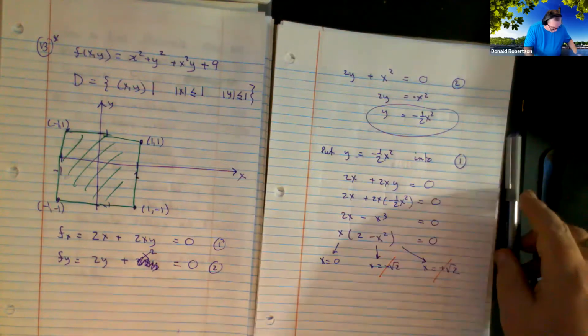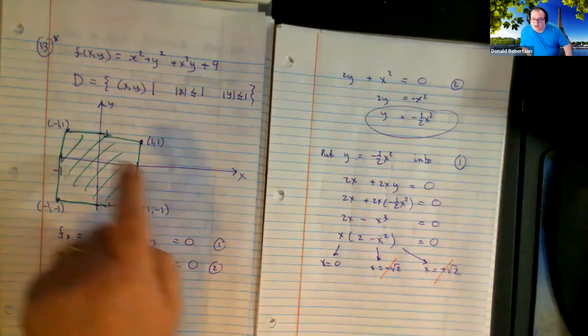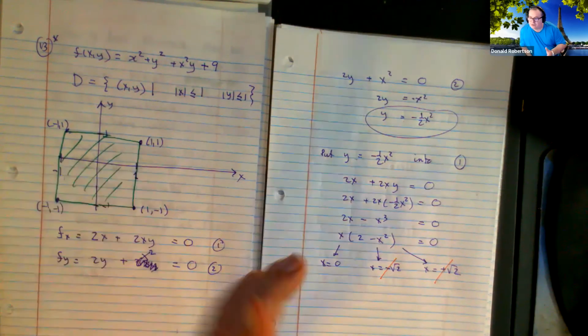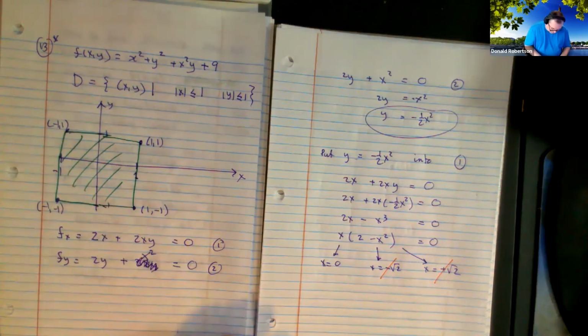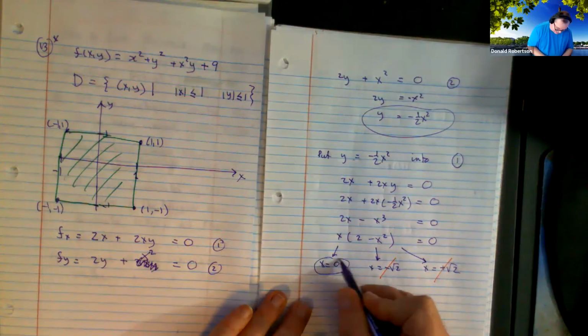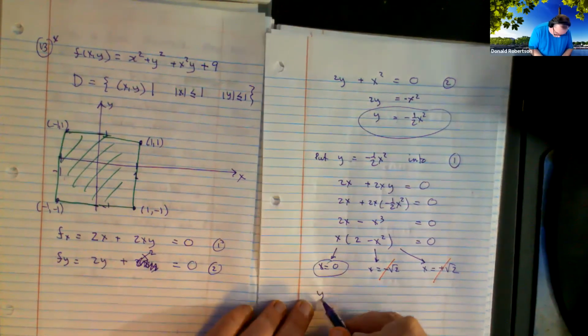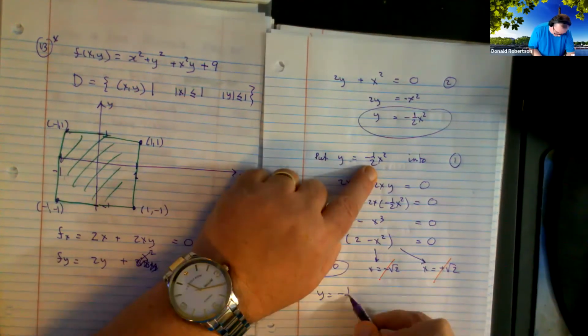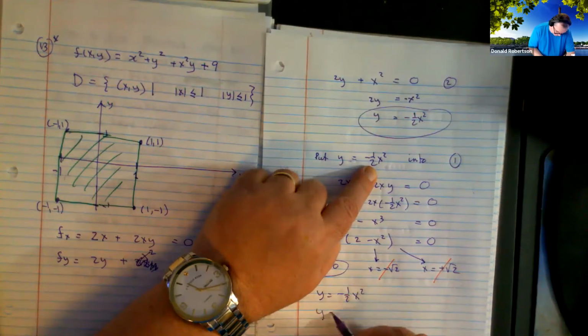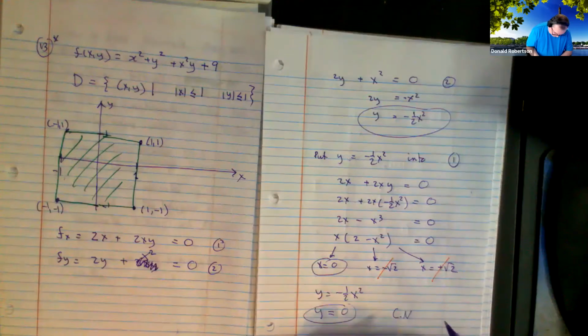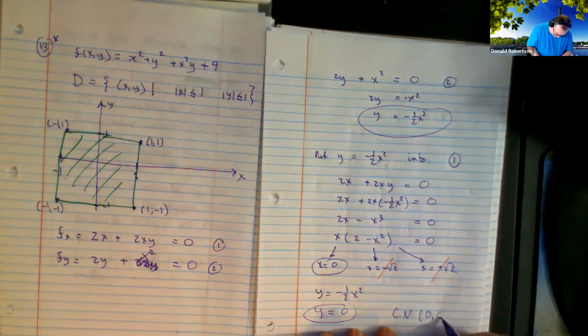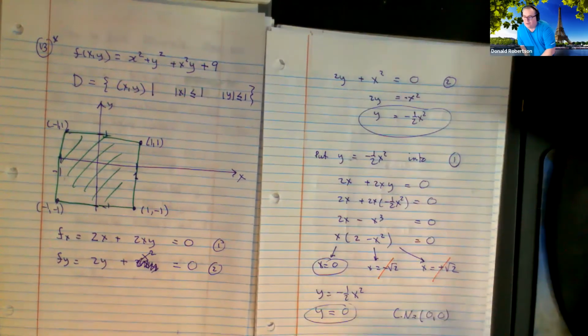Would you agree x equals 0 at least has got a fighting chance of being in here, as long as its y value is not bigger than 1 or -1. So since I only have one x, can't I then find out what the y value is by using it in this? And guess what? Maybe not the most interesting point in the world, but isn't 0, 0 a critical number?